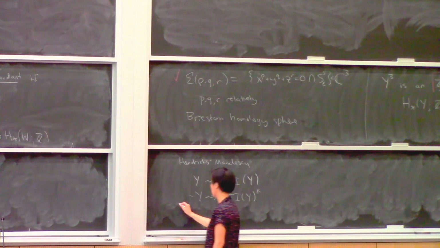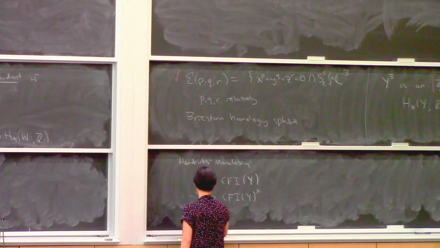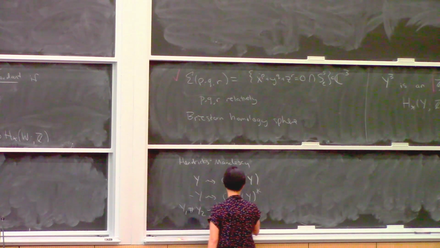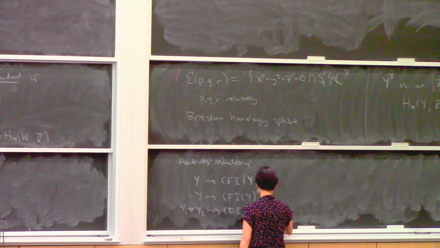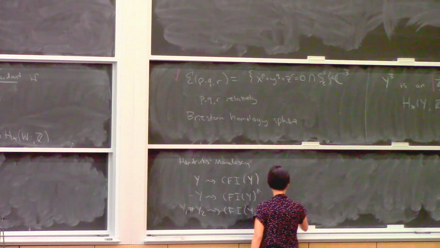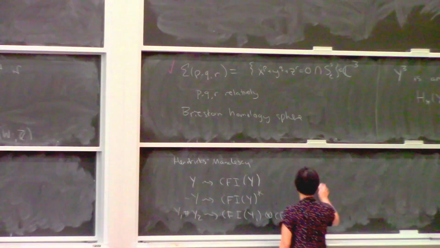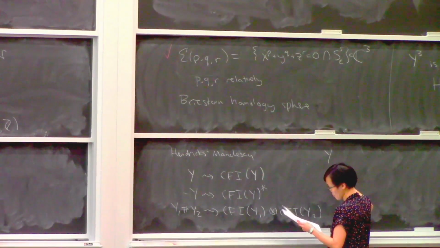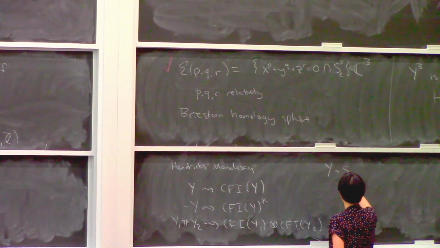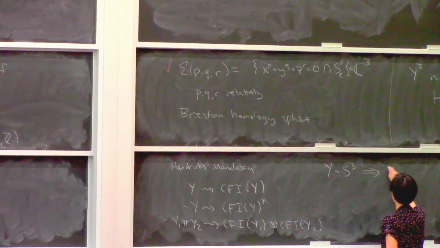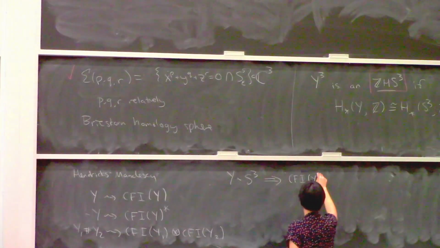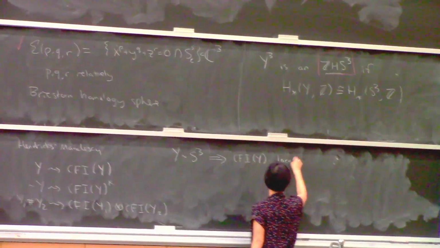If you have the connected sum of two three-manifolds, you get the tensor product of these things. And then if your three-manifold is homology cobordant to S^3, something nice happens: it is what's called locally trivial.